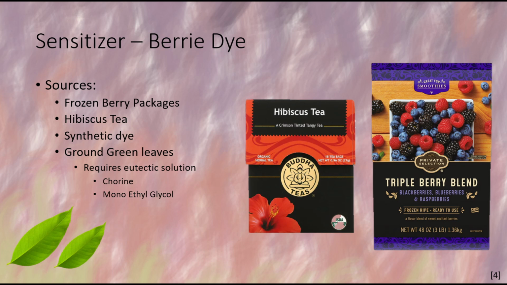And so a number of materials can be used to dye it, ranging from berry juice to hibiscus tea to even ground up leaves can all dye your titanium dioxide a shade capable of absorbing that energy from the sun and triggering that reaction.